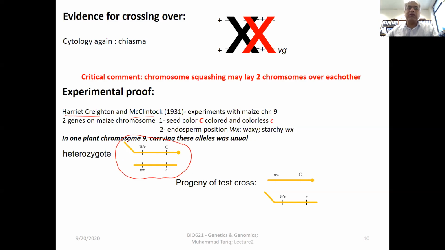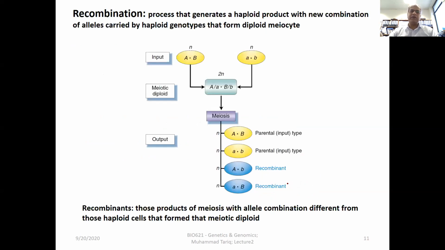The ninth chromosome of maize has a morphological extension, and after the test cross they could identify this chromosome under the microscope and show the physical basis of recombination, which was due to meiosis.